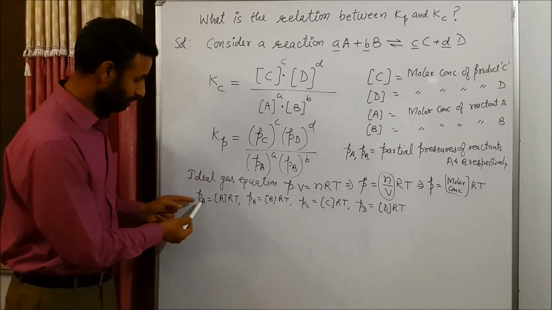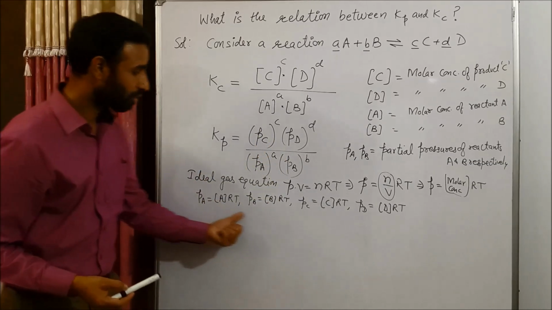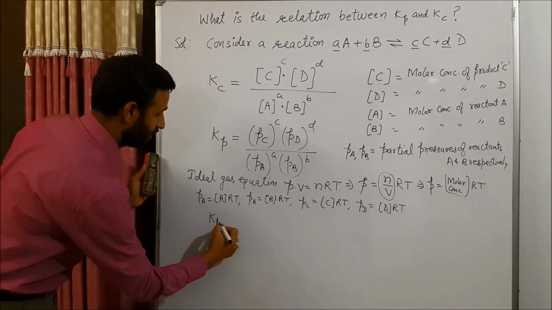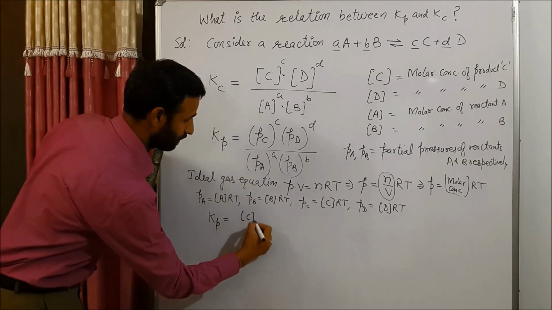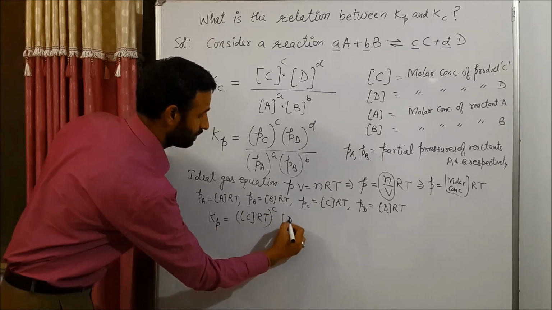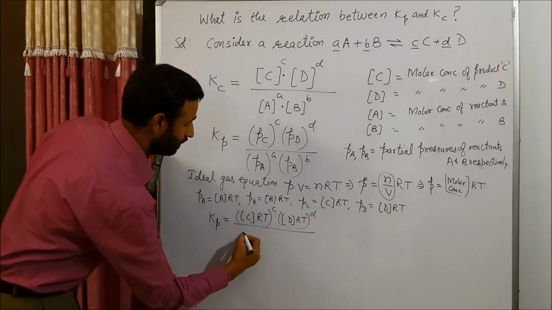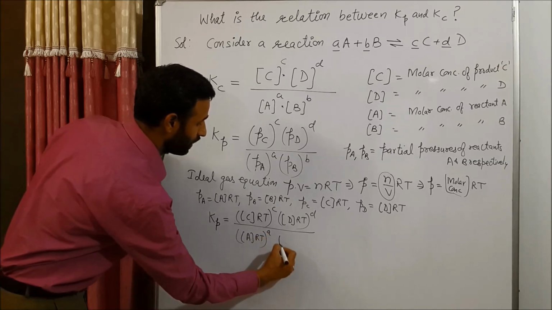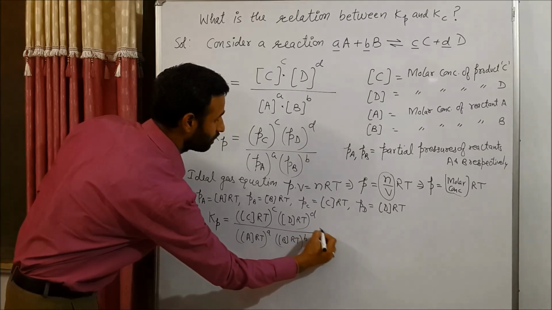Now we replace PA, PB, PC and PD by these concentration terms. So Kp is equal to, PC is replaced by [C]RT raised to power c, [D]RT raised to power d, divided by [A]RT raised to power a and [B]RT raised to power b.